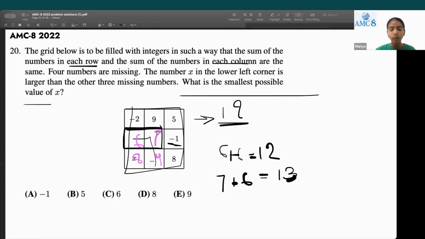And 9 plus 7 gives us 16, and 16 minus 4 gives us 12. So it can be either 7 or 8, and these are the only two options possible. But there's no 7 in the answer choices. And so that's how we got answer choice D.